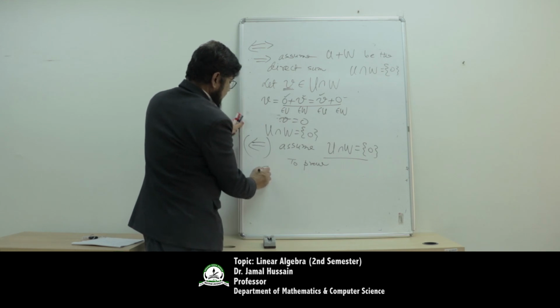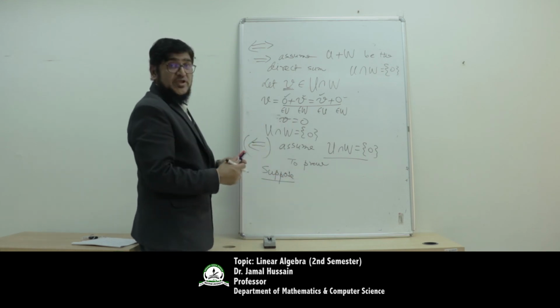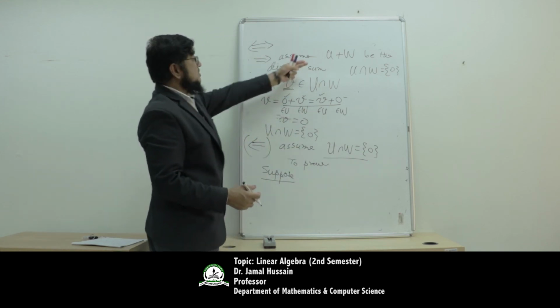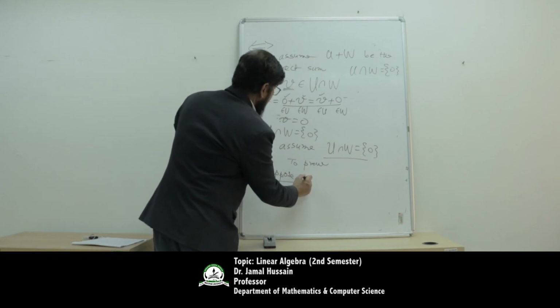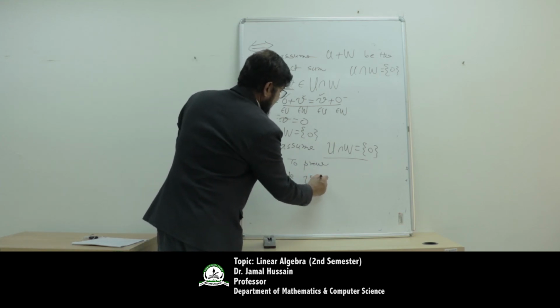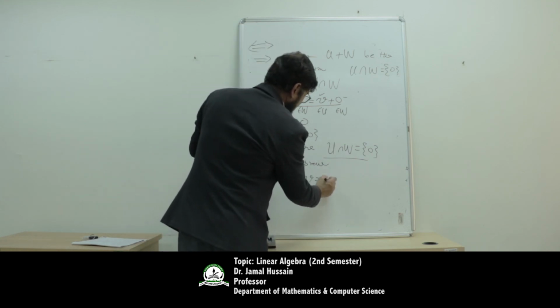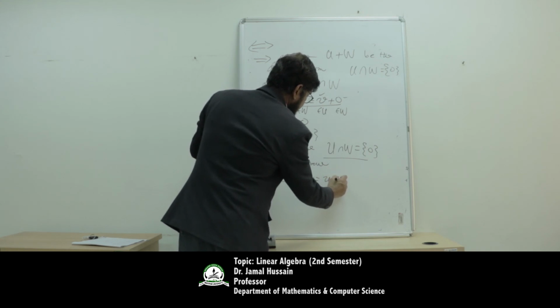So suppose, if possible, the contrary we are assuming, the contrary. Suppose there are two ways of writing the elements in here. Okay, two ways. So V, suppose we can write U1 plus W1.